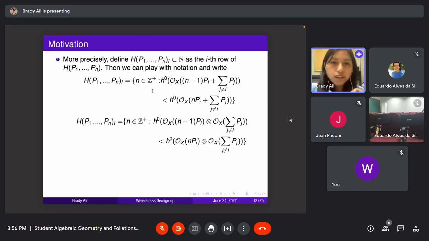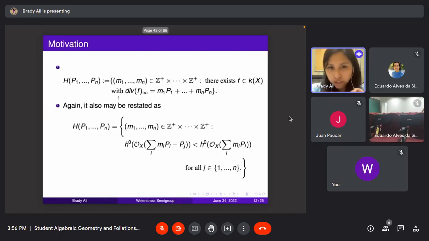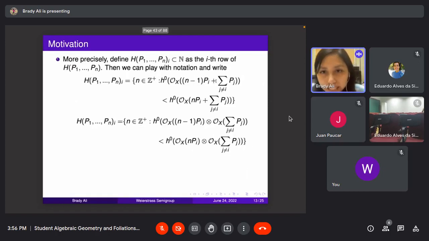As you can see here, I'm just taking the ith coordinate of this definition, so I'm taking just the n_i. That's the reason I'm taking here the point P_i. Here I have all the points and in this part I'm taking the point P_i.